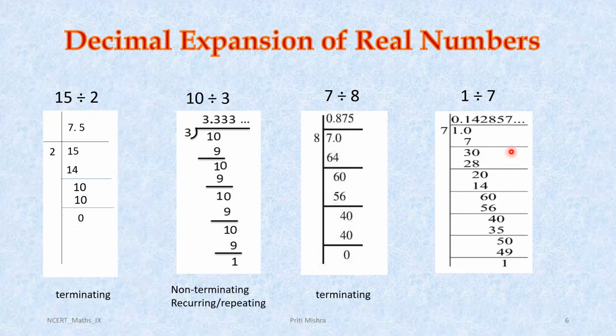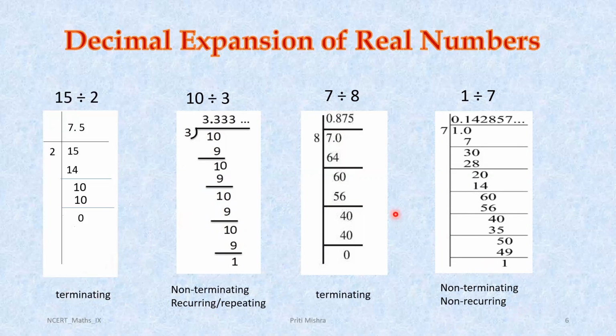This is a never-ending process, and every time we get a different digit in the quotient. So such divisions are known as non-terminating, non-recurring decimal expansion. So here you got to know three new terms: terminating, non-terminating recurring, and non-terminating non-recurring decimal expansions.